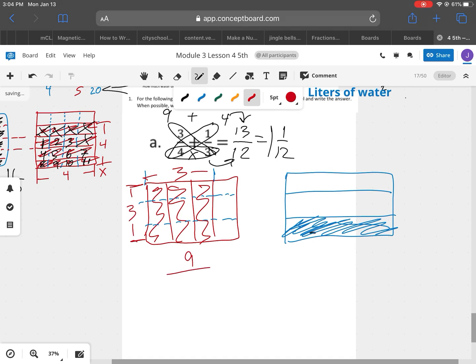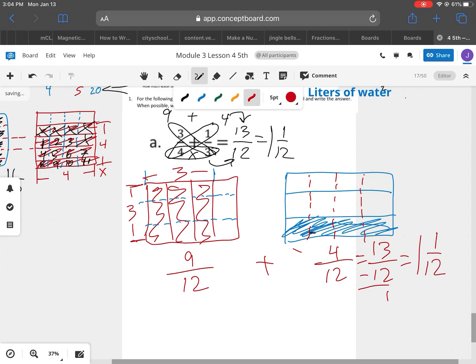So that's 9 out of 12. And then I'm going to cut this into fourths. And that gives me 4 here. So it's 4/12. Add those together, and that gives me 13/12, which is equal to 1 and 1/12.